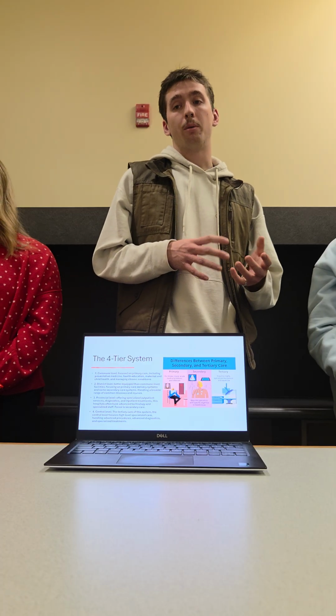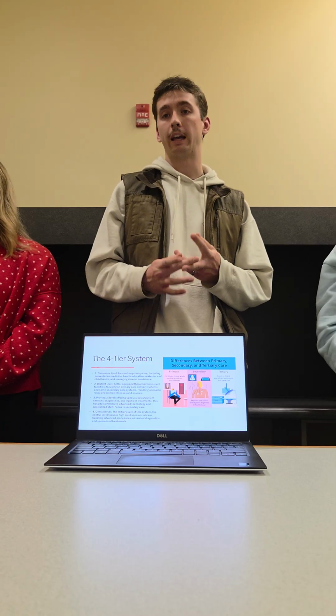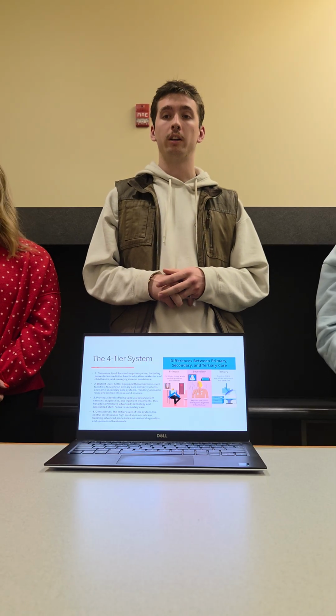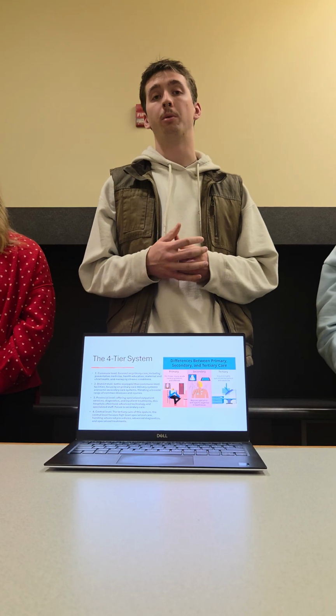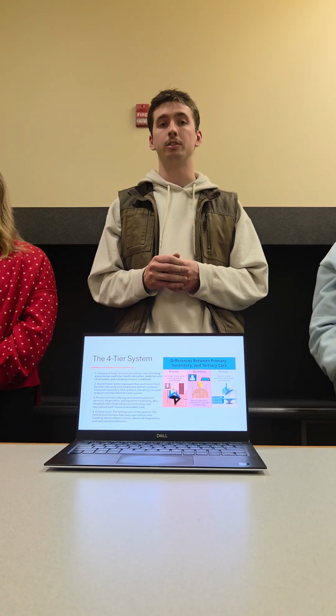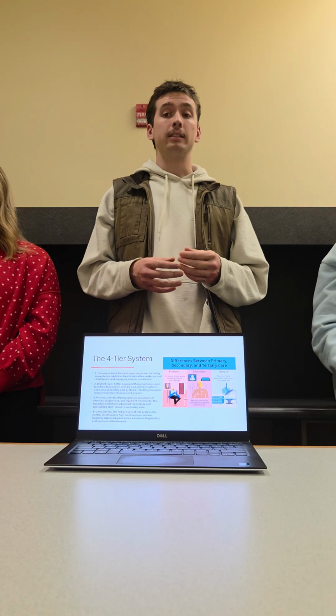They focus on primary care, which includes preventative medicine, health education, maternal and child health, and managing chronic conditions. One of the best ways to prevent non-communicable disease is to gain awareness of how to prevent it. Next is the district level.